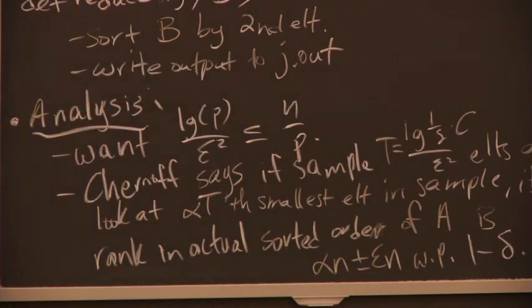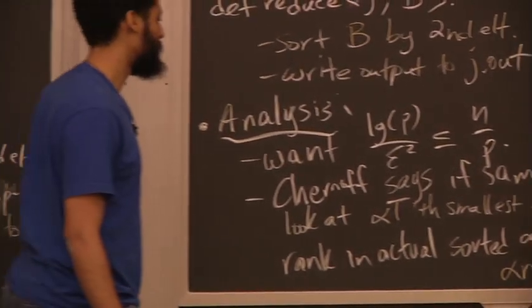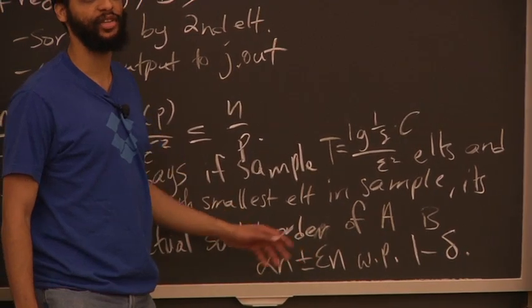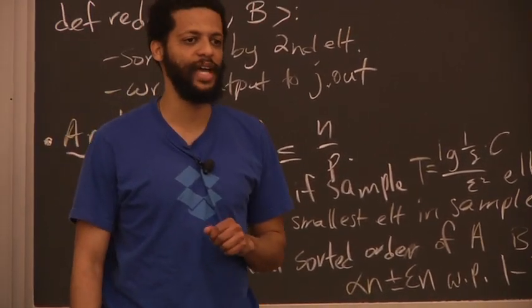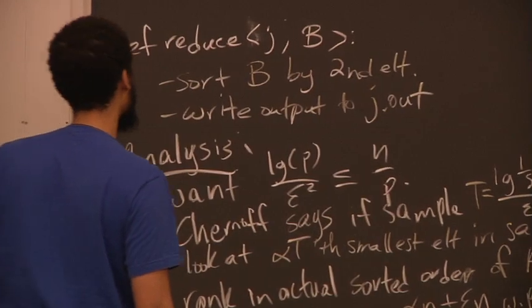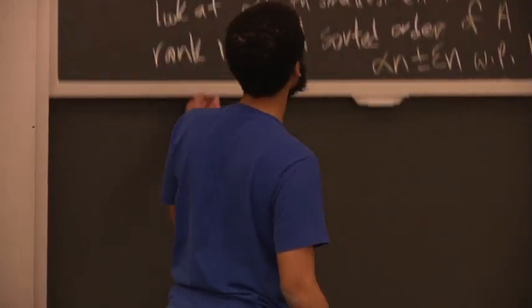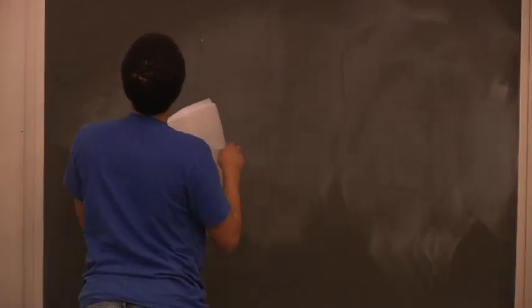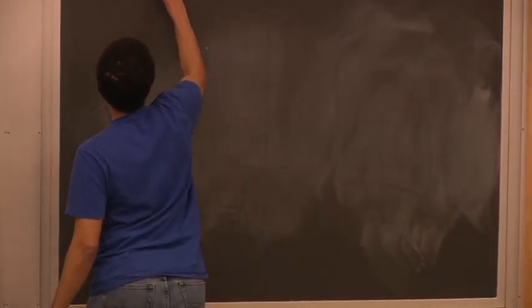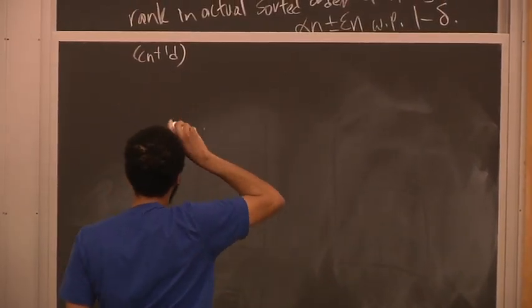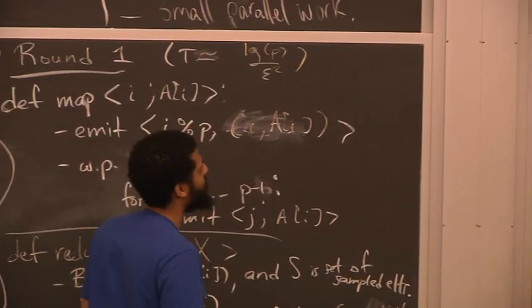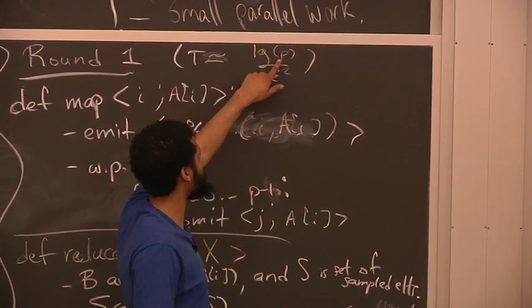So what this tells you is that these guys you're using to estimate the quantiles in your sample are off by at most epsilon n in the true rank in the original array A. So what this implies, continued from that last, remember now we set delta to be something like 1 over p.